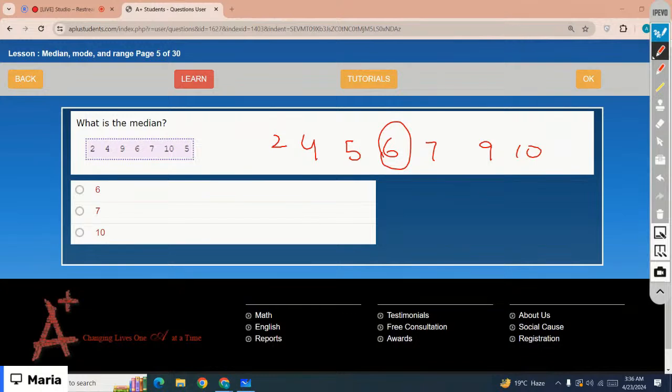That is exactly the middle number. The correct option is 6.